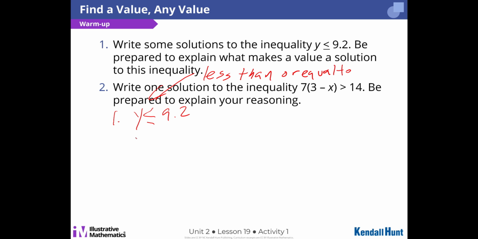We know 9.2 is equal to 9.2, so 9.2 is a possible solution. Let's say 8 is a possible solution. 7, 5, 0, -1, -2. All these numbers are possible solutions.